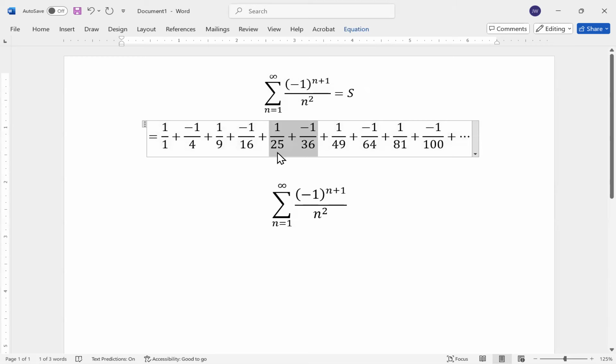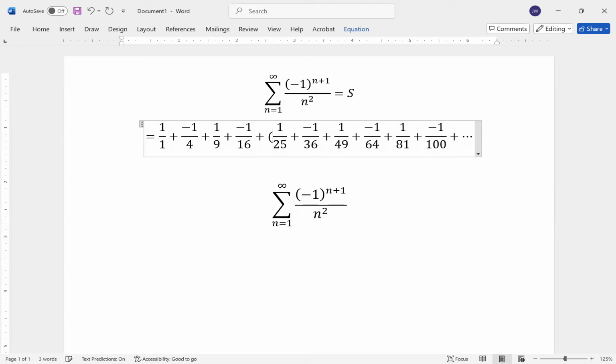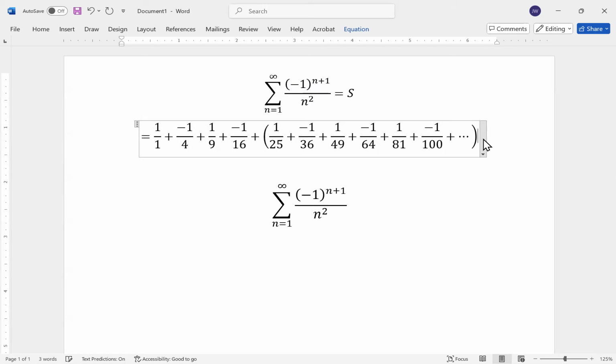Basically what I do is I say, notice that this term, the fifth term, was 1 over 25. That means this entire component, let me explain this. This entire component, I can see because of the alternating nature and the decreasing nature, is going to be positive.